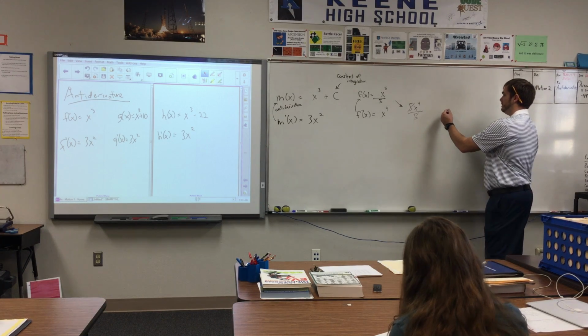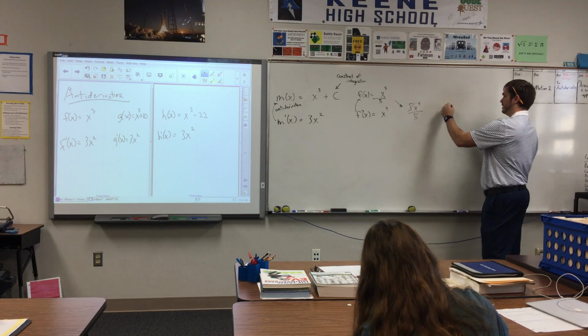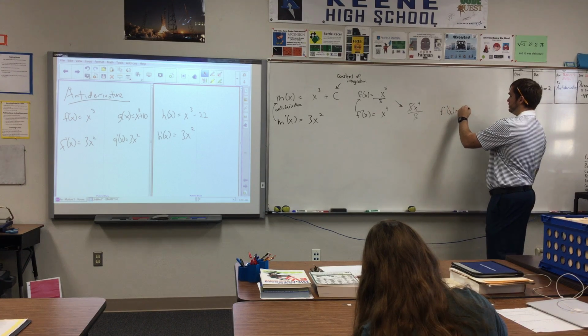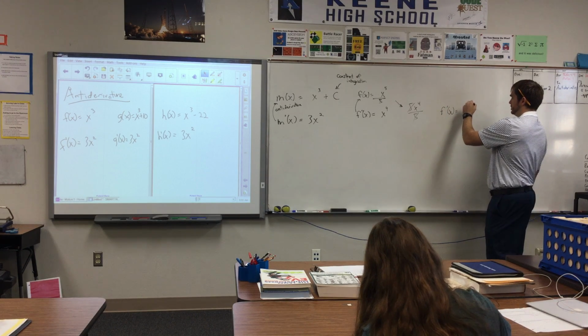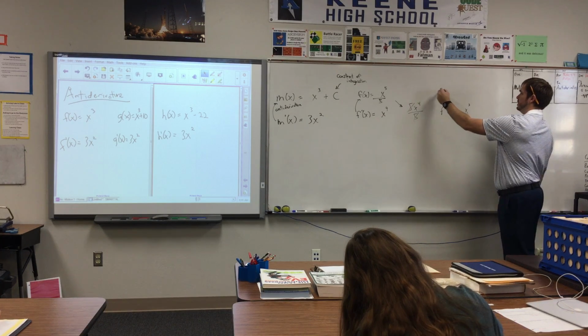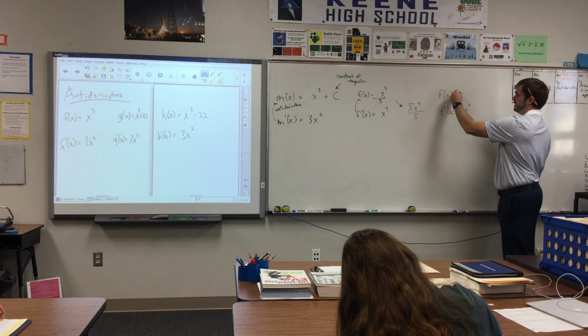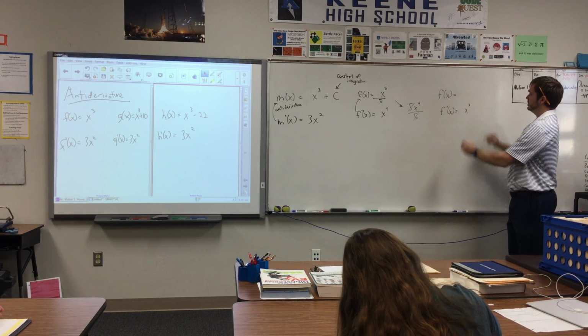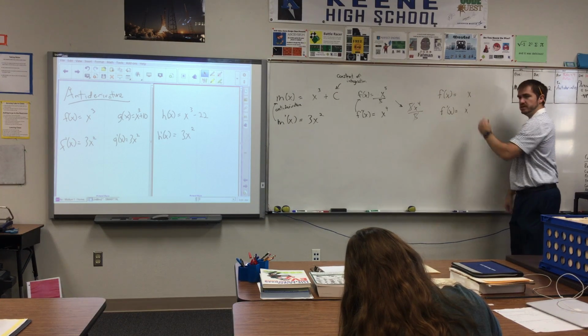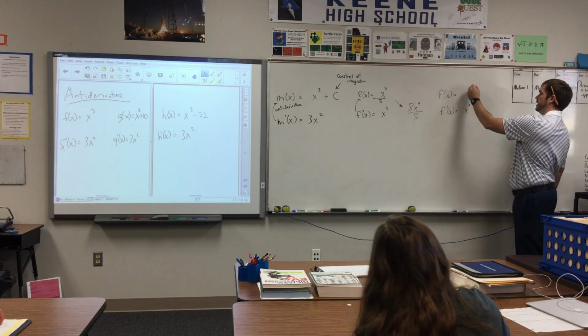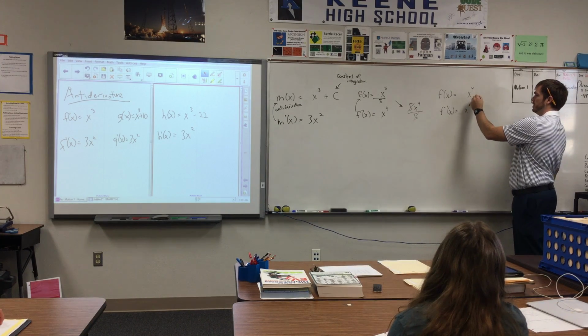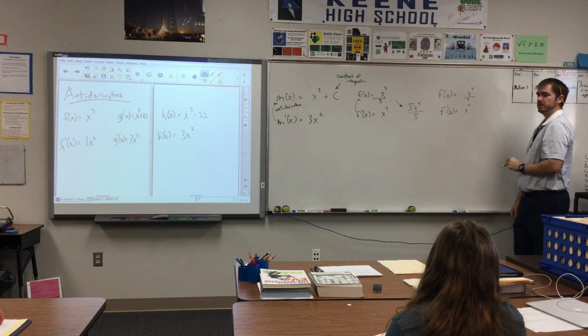Let's do another one. What about f prime of x equals x to the third? The antiderivative would be x to the fourth over 4.